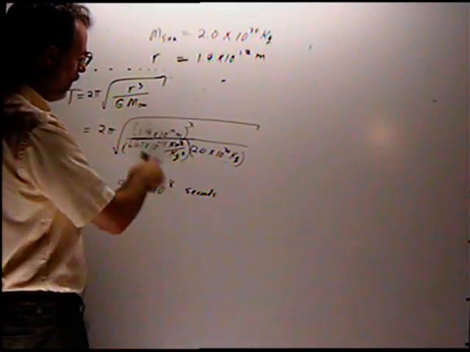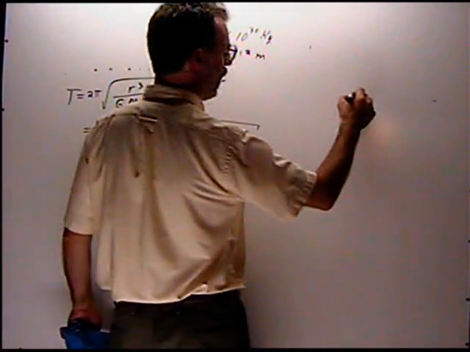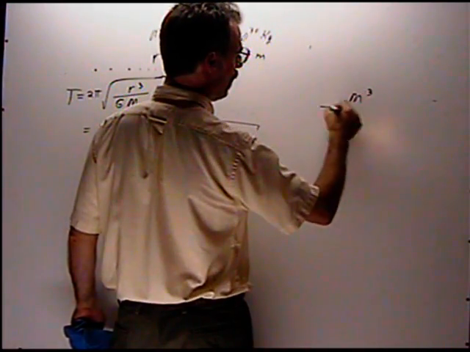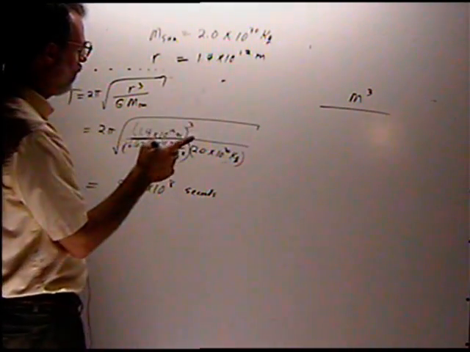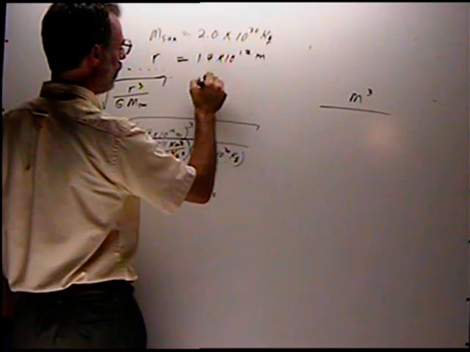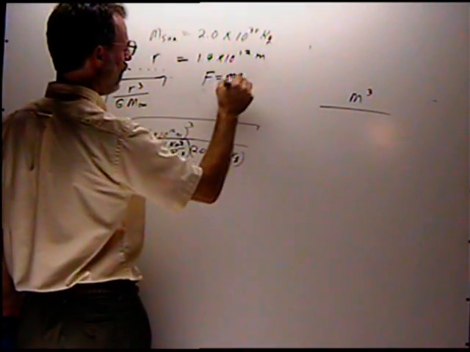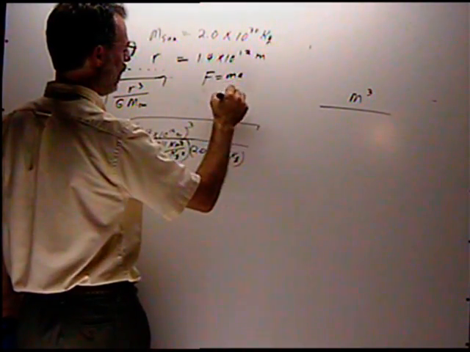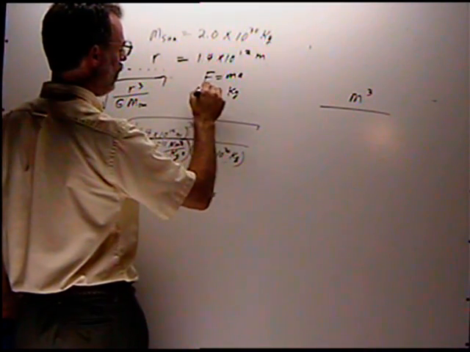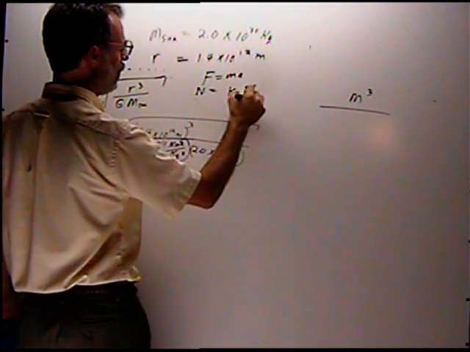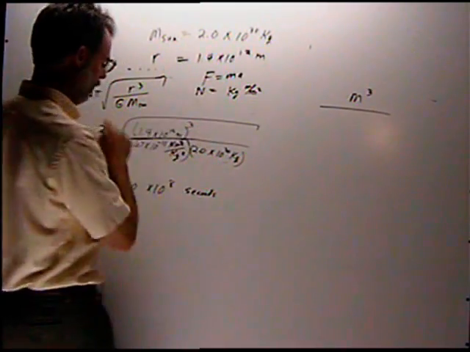Look at all of these units. We have a meter cubed, like a Newton. What is a Newton? 1 Newton is a kilogram times meter per second squared.